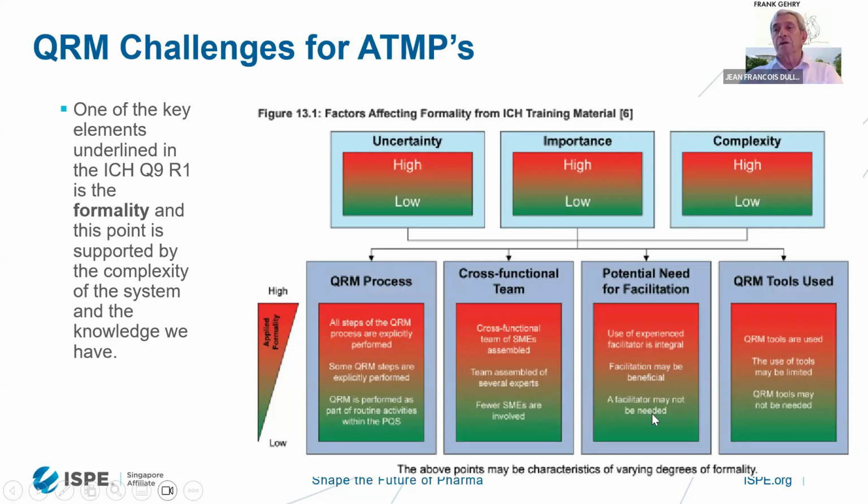If the potential need for facilitation is less, we don't need a facilitator. And for the QRM tools used as well, the higher the complexity, the higher the importance, the higher the uncertainty, the more complex the tools used for the QRM will be.